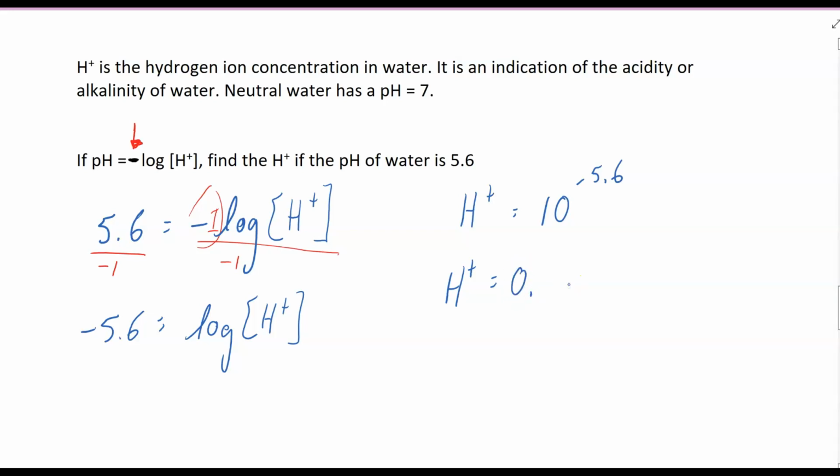Let's count up the zeros: 1, 2, 3, 4, 5. Very small number, 2511. That is the hydrogen ion concentration. If I recall my chemistry correctly, that is in moles per liter. But that's not an issue. Don't worry about the unit.